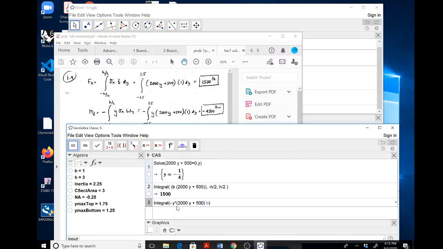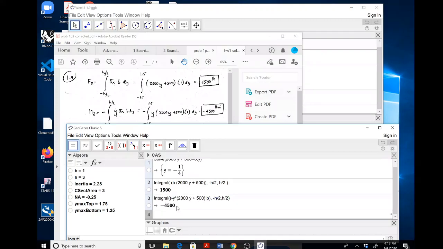Hope all that's right. I'm going to surround this by parentheses. That is my integrand. Looks okay, I guess. Minus h over 2. Oops. Minus h over 2 to h over 2. Close that. Hopefully, yes. Okay, we get minus 4,500 inch-pounds.